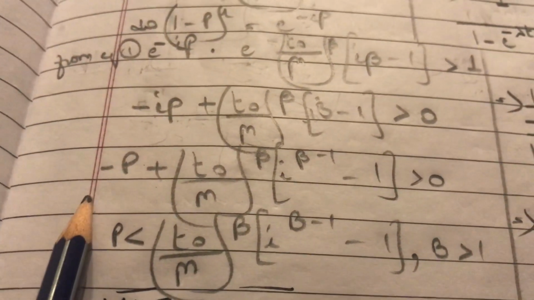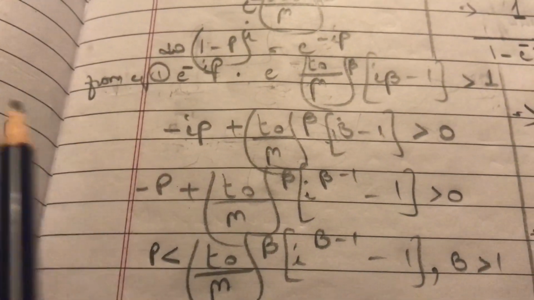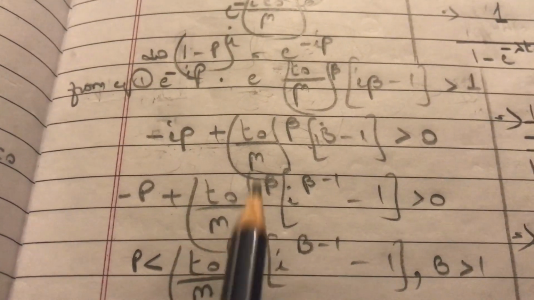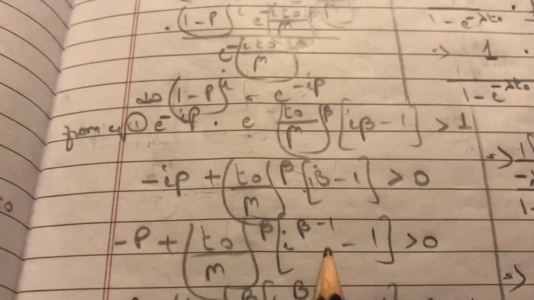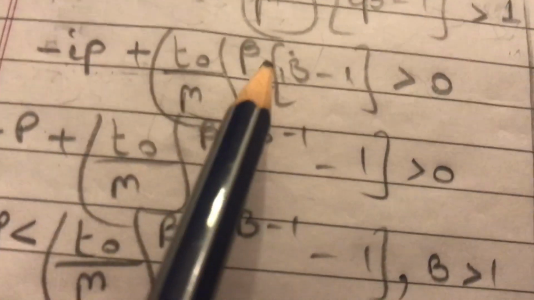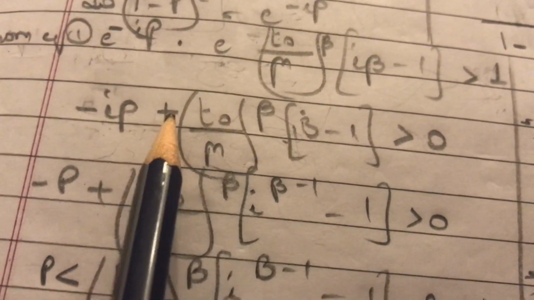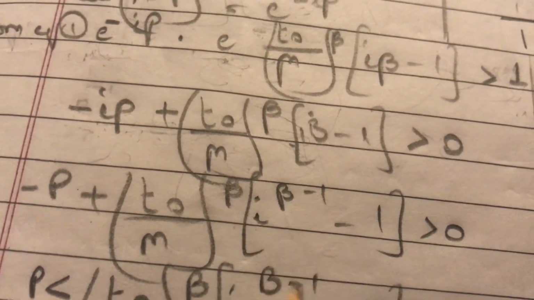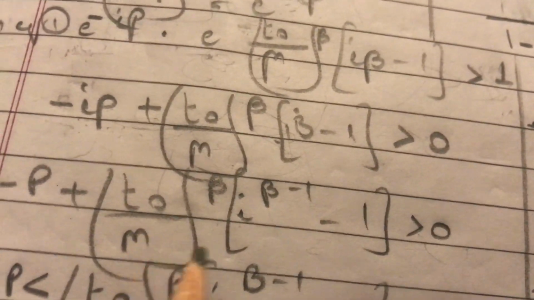And now what we did, we removed this I from here, and we got P plus T0 over eta at the beta I beta minus 1 greater than 0. We write this I beta minus 1 in the form of like this, and for that we remove this I from here. I is being taken as common, and when it is taken as common it goes there and is neglected, right?